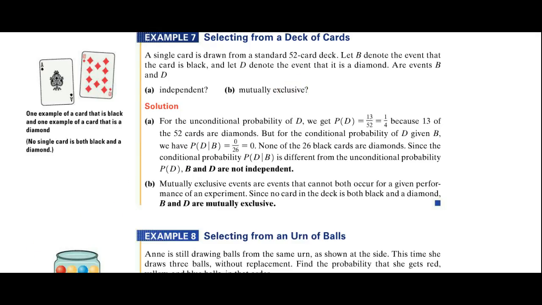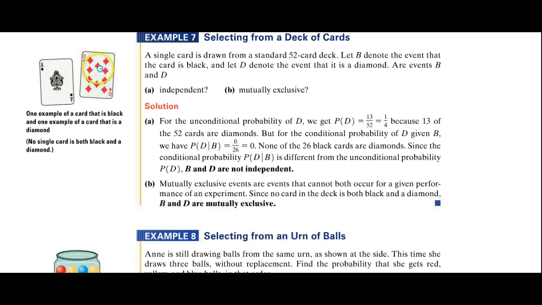So here, again, knowing about decks of cards is critical. For D, how many cards are, let's say, diamonds? Well, that's one suit, and that would be 13 out of 52, which is 1/4. And how many diamonds are black?